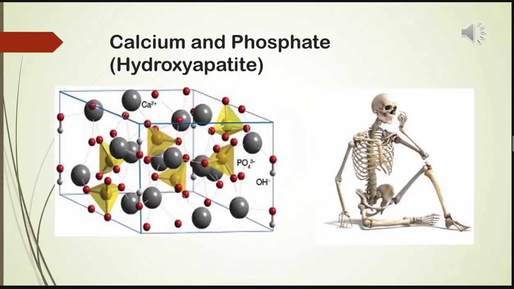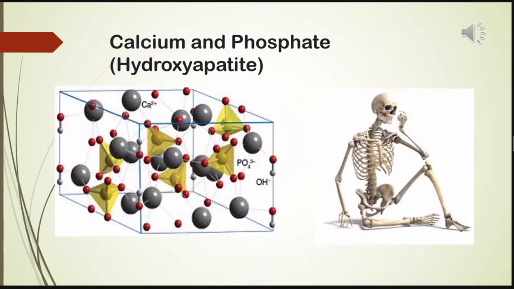This is hydroxyapatite, or hydroxyl apatite. It's the crystalline structure of your bone formed by calcium and phosphate. The calcium you see here is the one in gray, and the phosphate is the yellow pyramid with the red oxygen atoms.